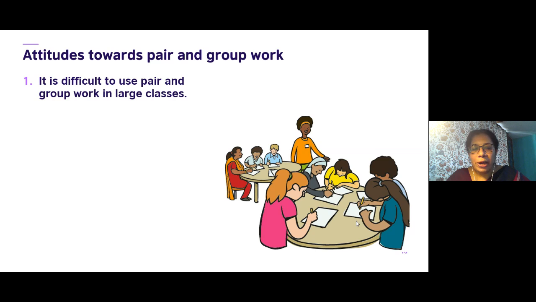I can see that some of you have said that you also do many pair and group activities. So do you agree with this? Okay, I can see many of you have talked about.